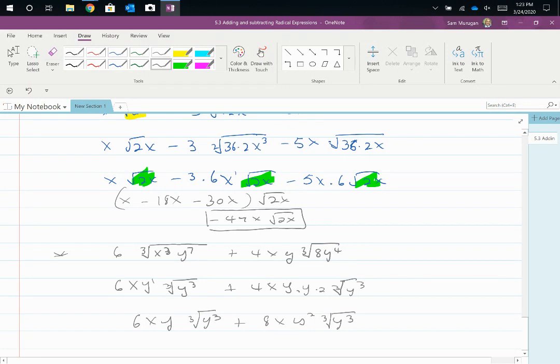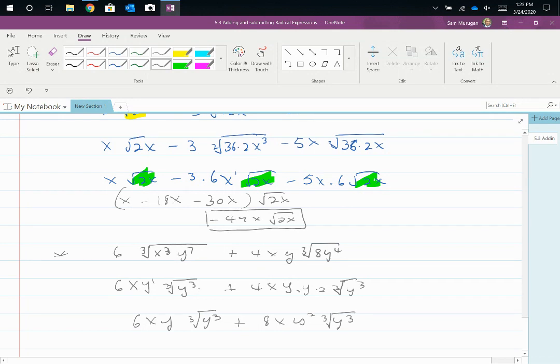So we're going to have to go ahead and combine these two. Now the radicals are the same. Let me just recheck the problem here to make sure everything is okay. I have 6 cube root of x cubed y to the 7th power, 4xy cube root of 8y to the 4th power.